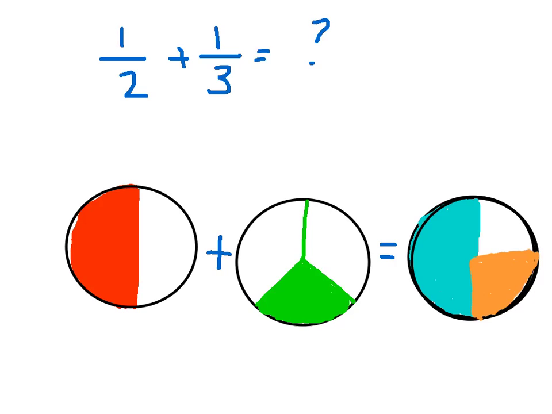What this will show us is it's kind of hard to tell. We have 1/2 and we have 1/3, but we don't have anything in common to say these are the slices that they had eaten. So we're going to need to take our pie and divide it up a little further.